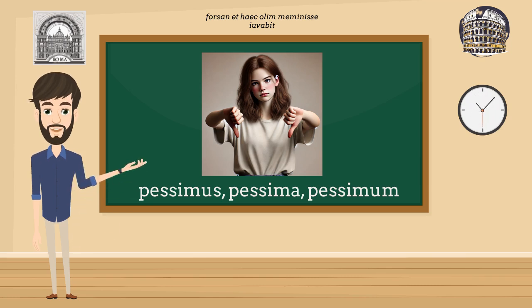Going from bad to really bad is what we call a difference of degree when it comes to adjectives. Most adjectives are going to show a difference in degree via a suffix. But there are certain adjectives in Latin, as in English, that show them with an entirely different root.